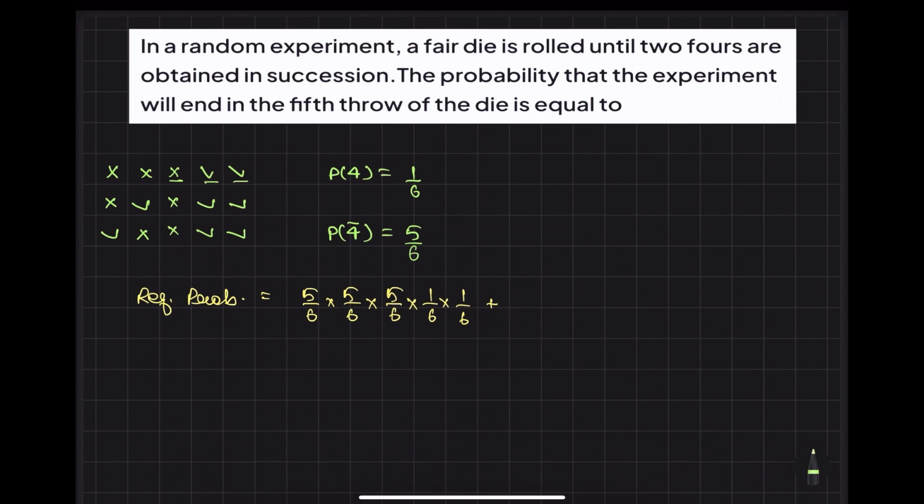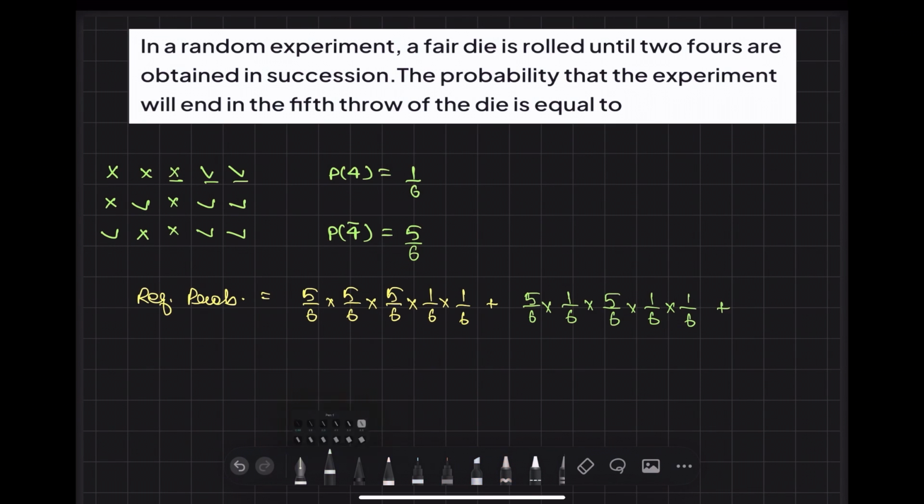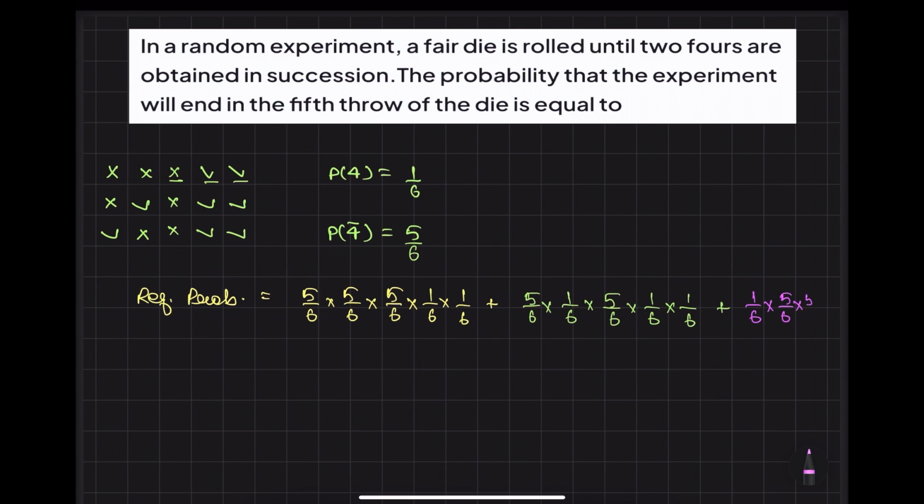Now next we have no 5 by 6, yes 1 by 6, no 5 by 6, yes 1 by 6, yes 1 by 6. Okay, now in the next part we have yes 1 by 6, no 5 by 6, no 5 by 6, yes 1 by 6, yes 1 by 6.